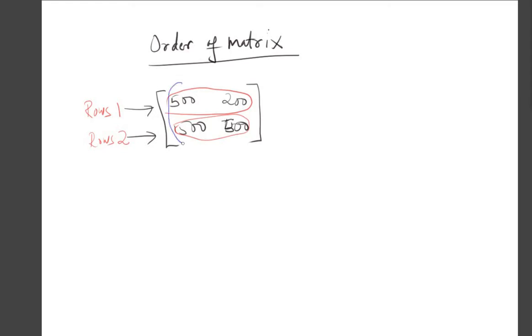The ones encircled in blue, I can call them column 1 and column 2. So a matrix is a group of rows and columns.